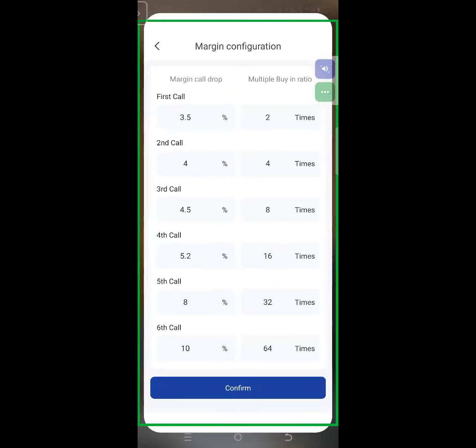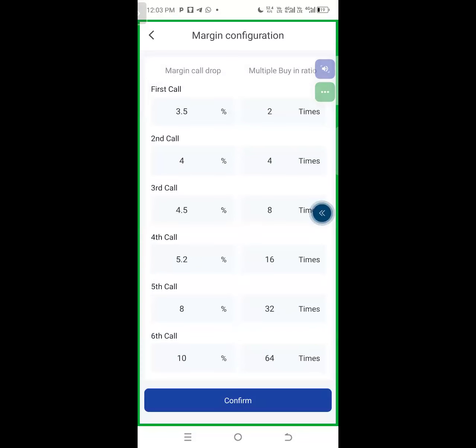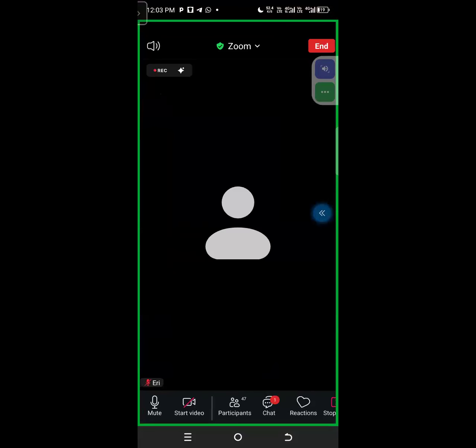Now you see, even with the doubling, you can see how profitable it may be if you have good capital. Yes, it will buy automatically so far as you've done the setup. You're not going to buy it manually.